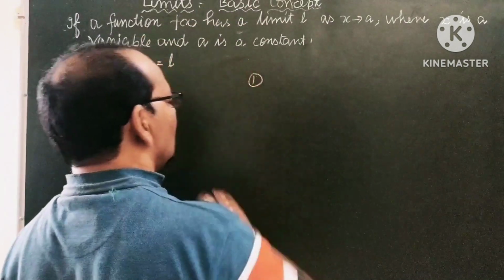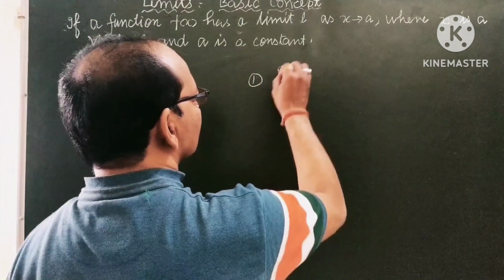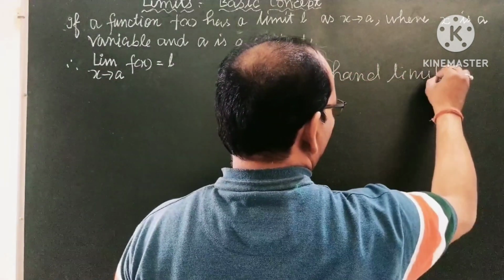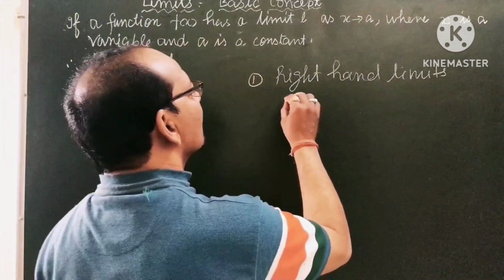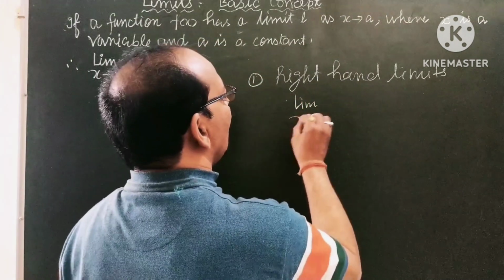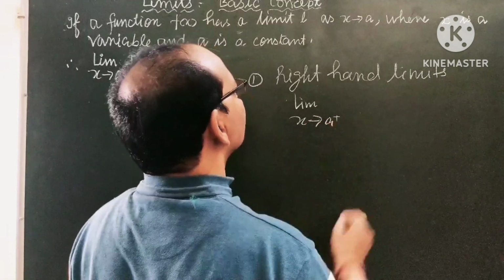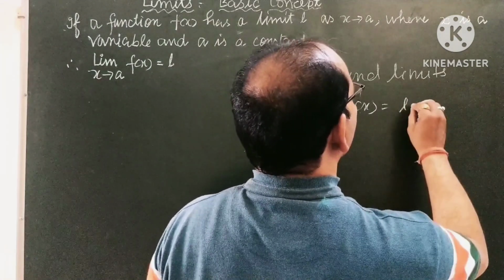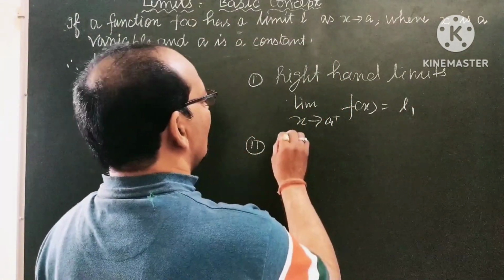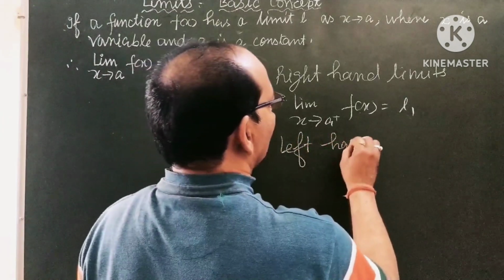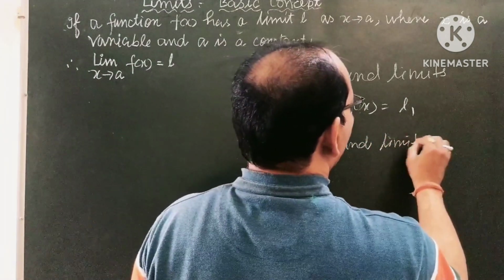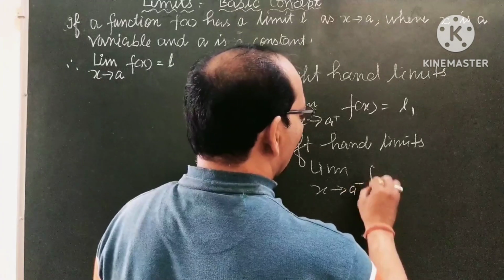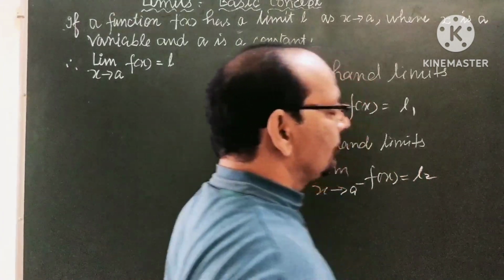Number one, the right hand limit, denoted limit x tends to a plus of f(x), let it be L1, and second, the left hand limit, denoted limit x tends to a minus of f(x), let it be L2.